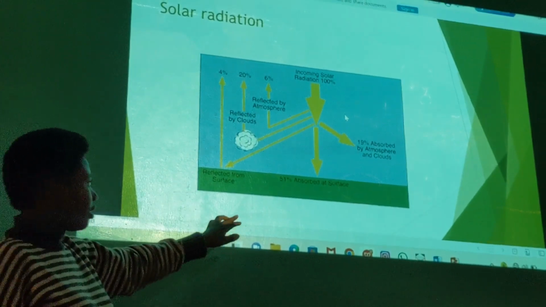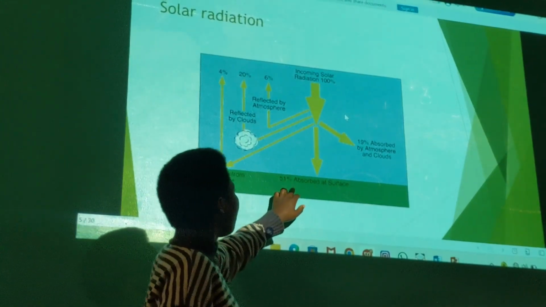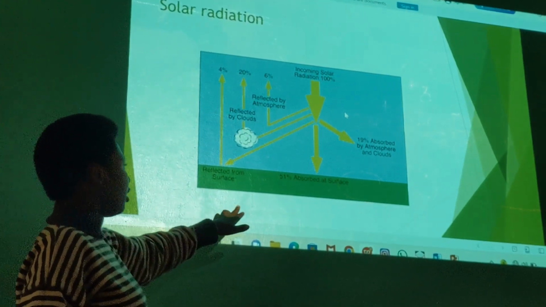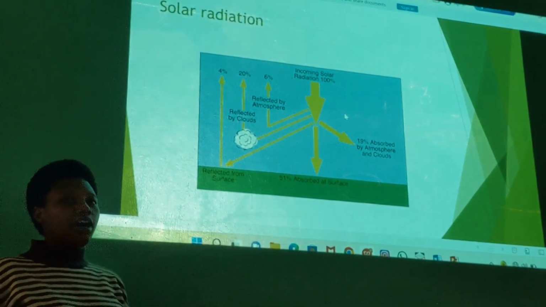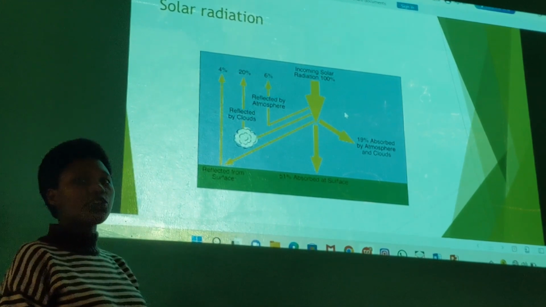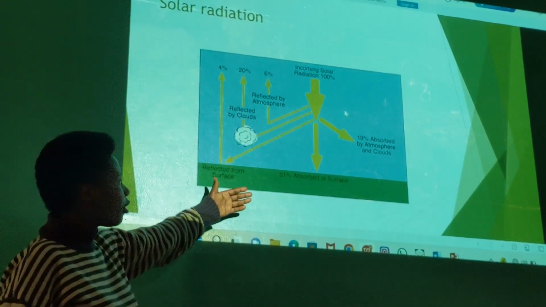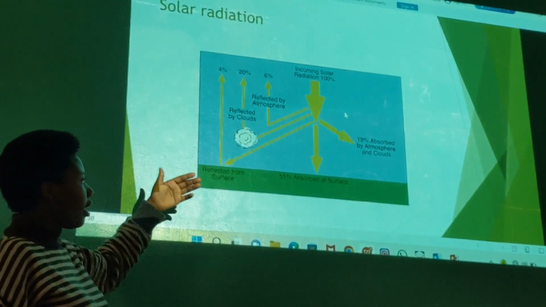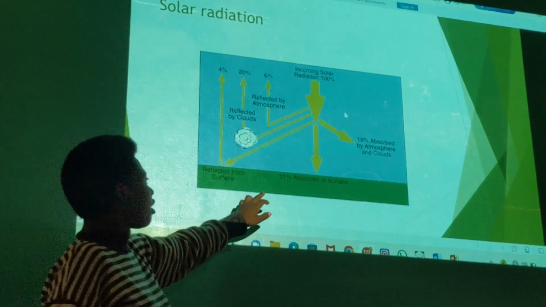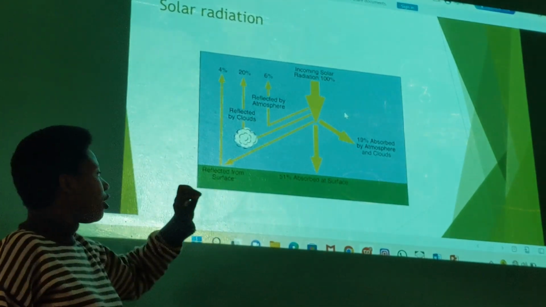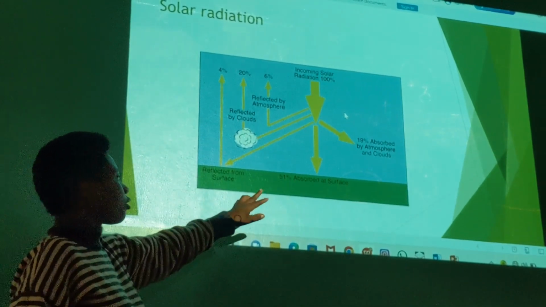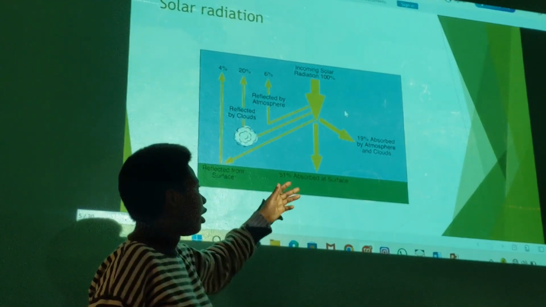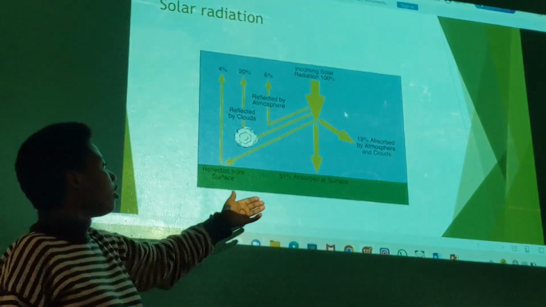This energy makes a role in the water cycle. Then we use it in agriculture, like in the growing of plants, and in other activities. It plays a role in photosynthesis in plants, and in rainfall.